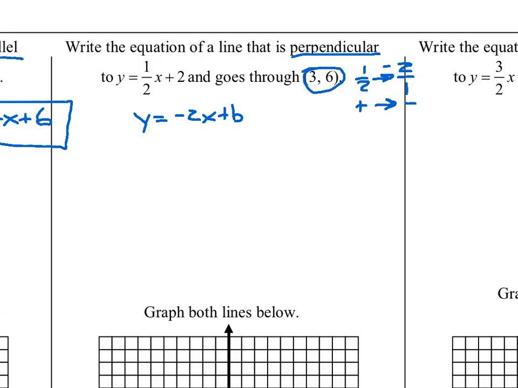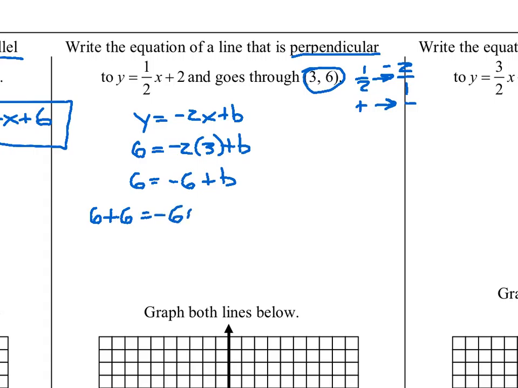Just like yesterday, we're going to plug in our point. 6 is equal to -2 times 3 plus b. 6 is equal to -6 plus b. Add a positive 6 to both sides. 12 is equal to b.